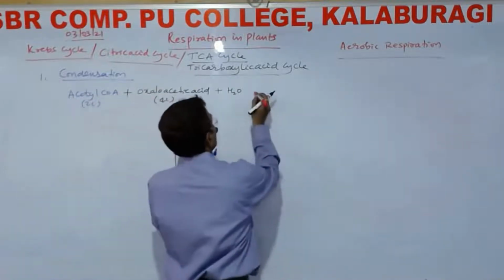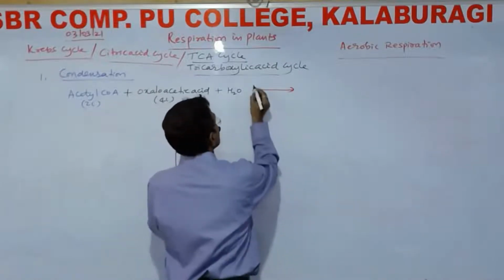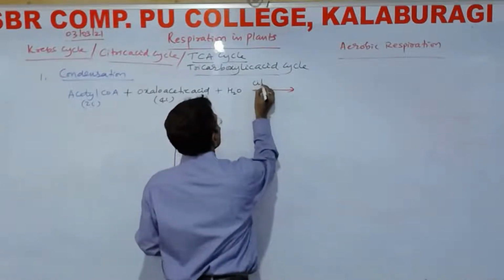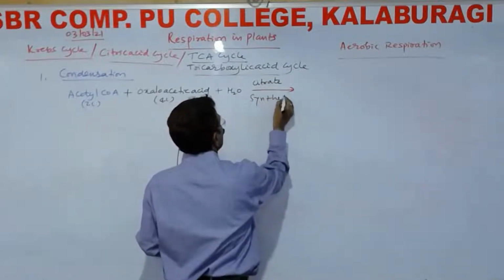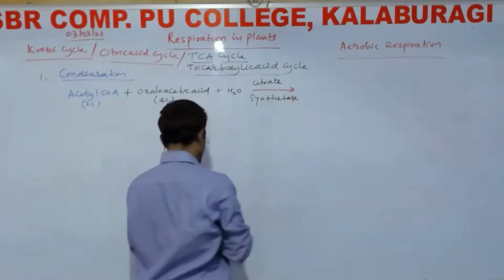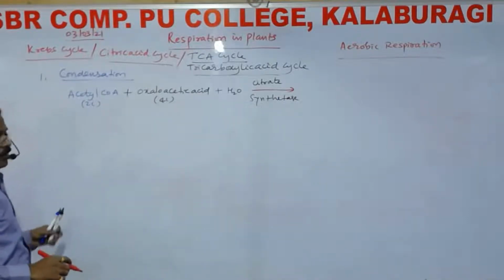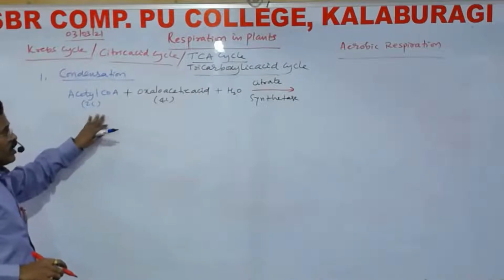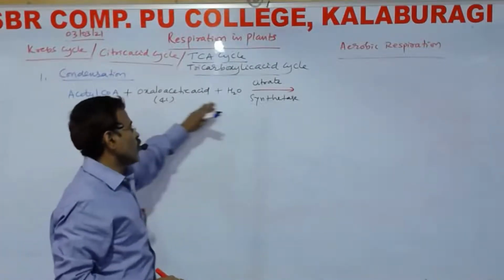So what you are going to get here? This is catalyzed by citrate synthetase. It's catalyzed by citrate synthetase, and a 2-carbon acyl coenzyme condenses with oxaloacetic acid, making use of water.